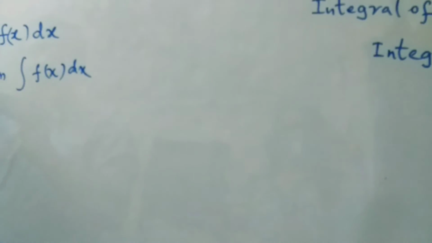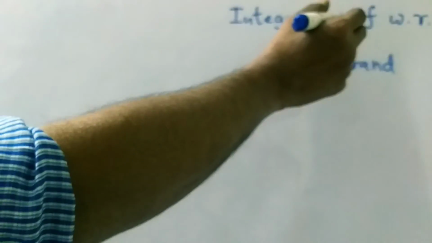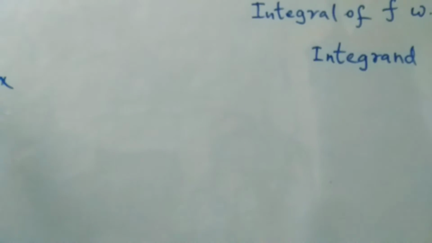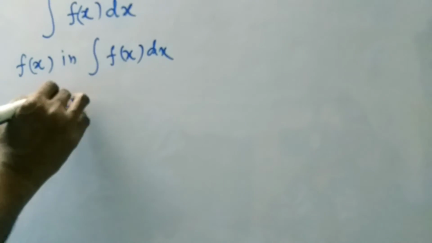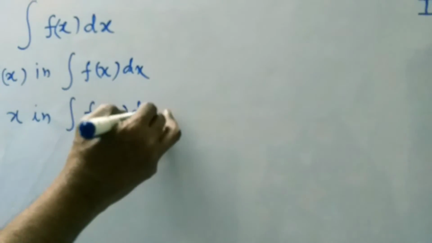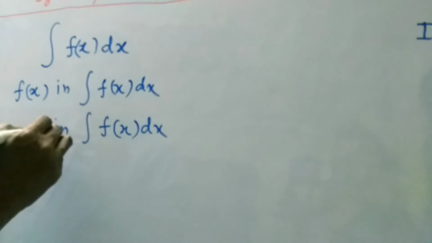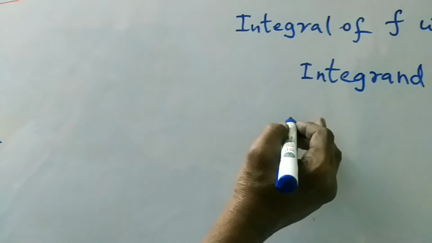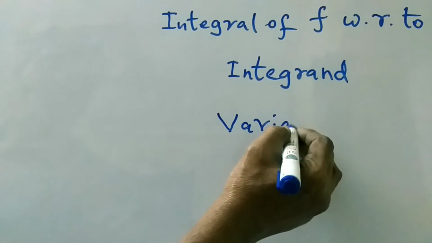In the integral of f of x dx, the integral of f with respect to x, f of x is the integrand. And the x in the integral of f of x dx means the variable of integration.